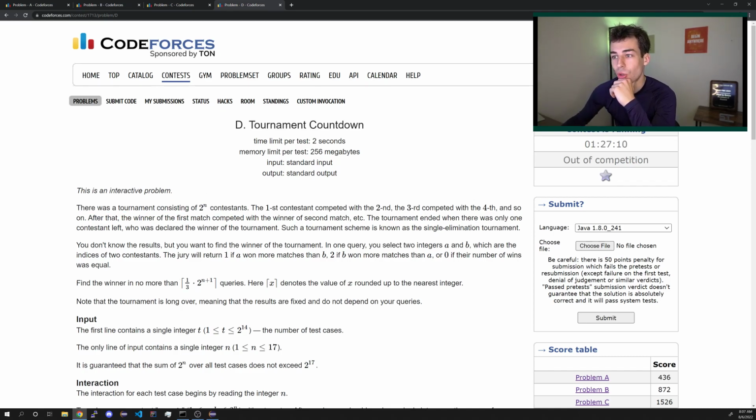Find a winner in no more than this many queries: 1/3 times 2^(n+1). In other words, 2/3 of 2^n. So we have 2^n people, we can query 2/3 of them, and we need to find the winner.